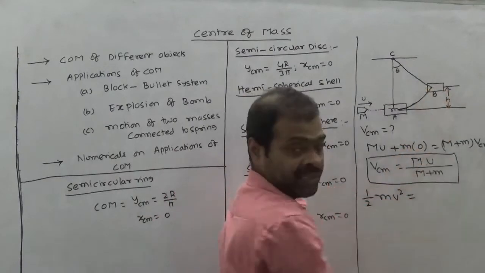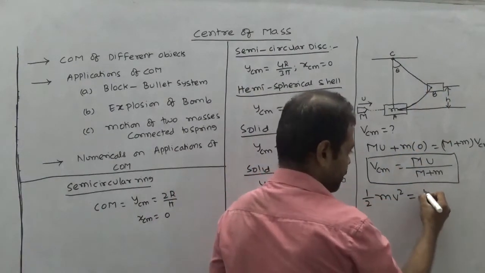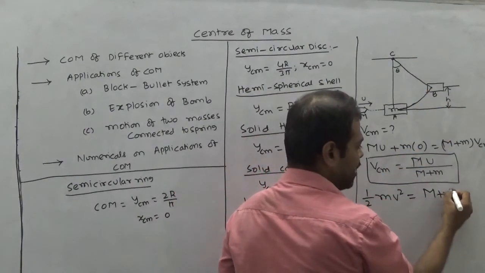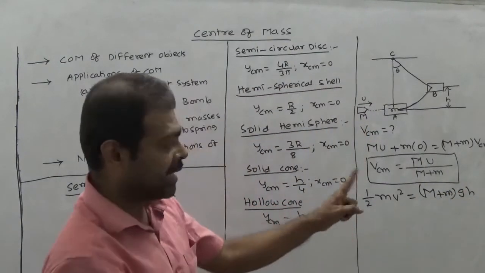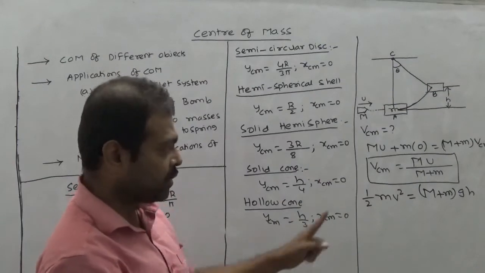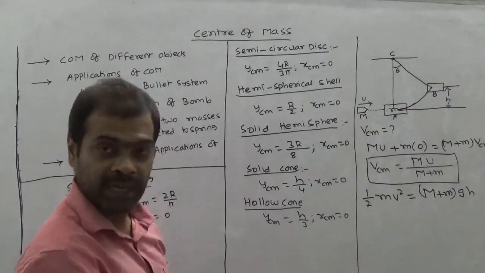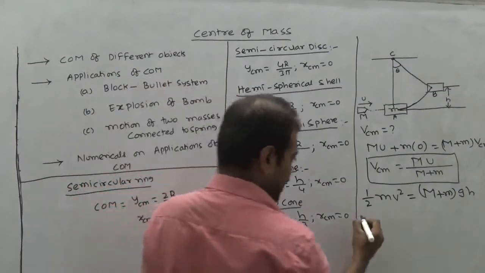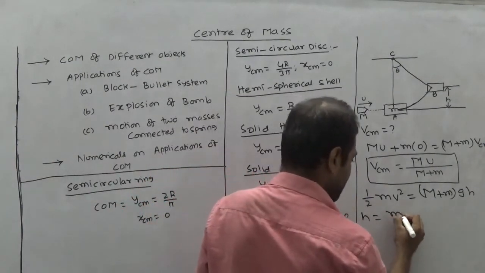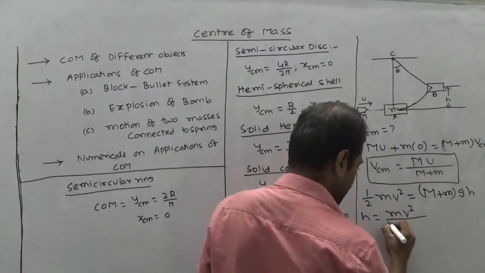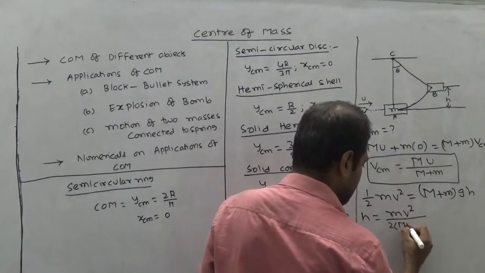At the extreme point, both block and bullet will have the potential energy. That's why I can write capital M plus small m into gh. So I can write h is equal to small m v square by 2 times capital M plus small m into g.